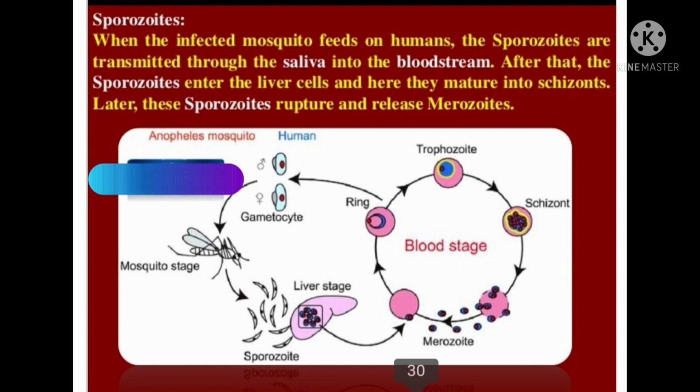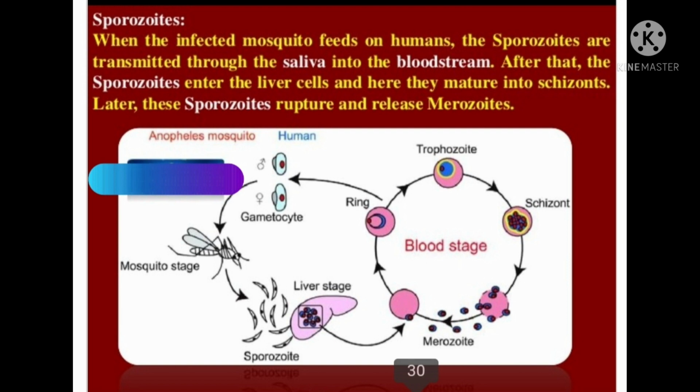After that, the sporozoites enter the liver cells, and here they mature into schizonts. Later, the schizonts rupture and release merozoites.